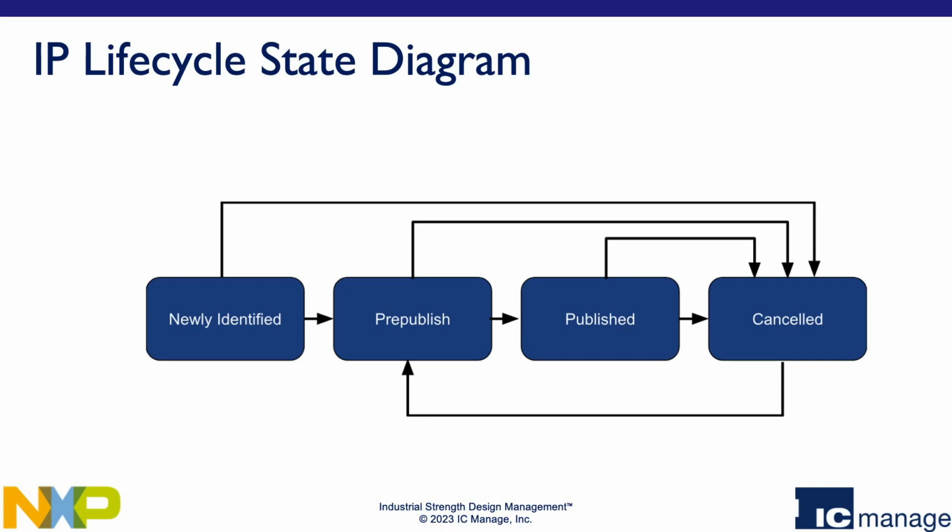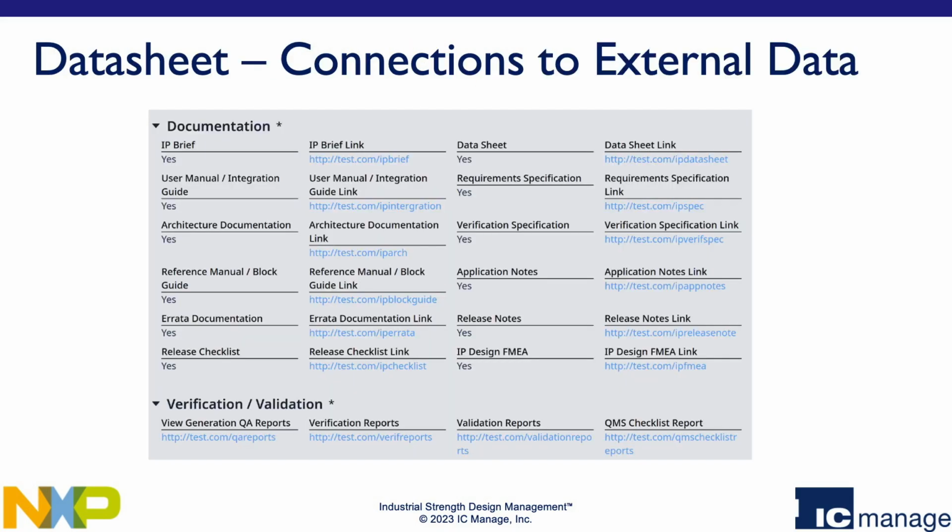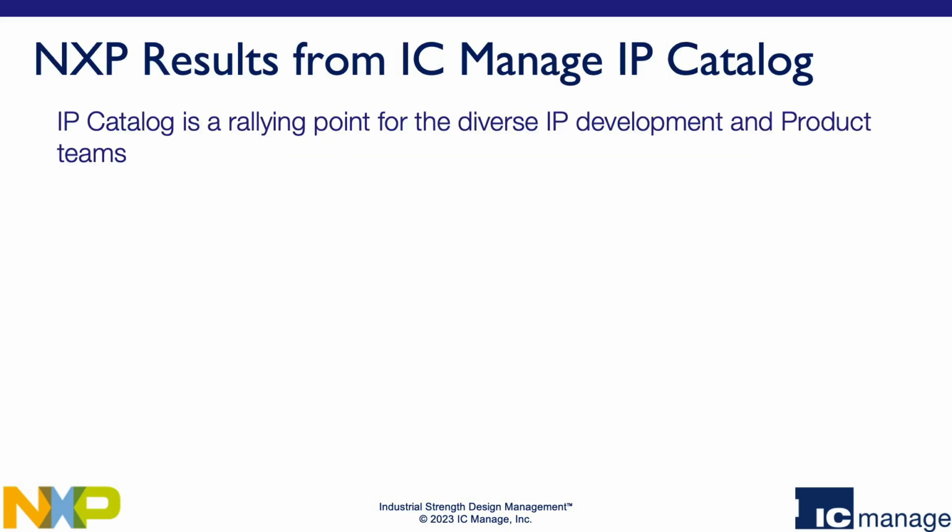At the same time, IP producers for a given category can see all the IP in any state for that category. As we noted in the GDPXL system architecture, it is possible to embed HTML links to other services, like documentation systems or verification trackers, so that the user has a single IP window, which pulls in all relevant information together. So what has NXP accomplished so far?